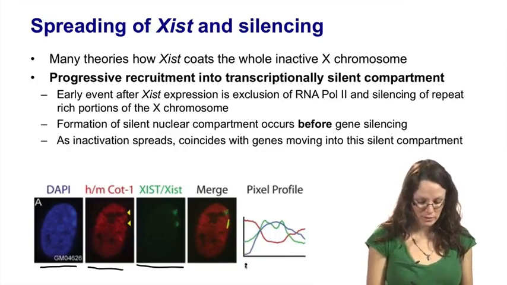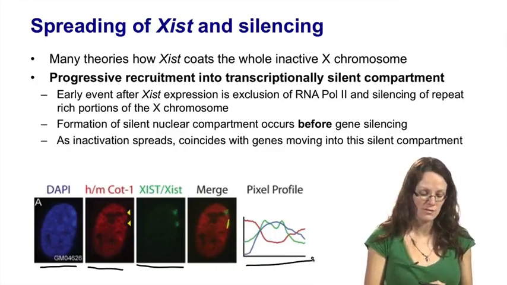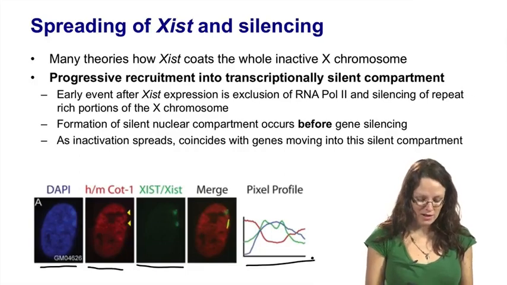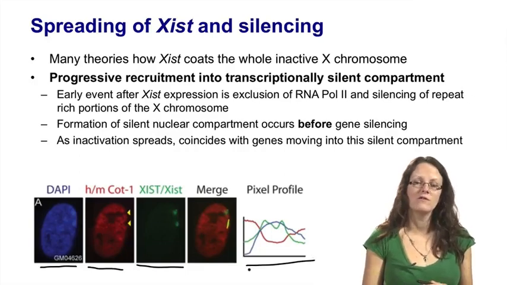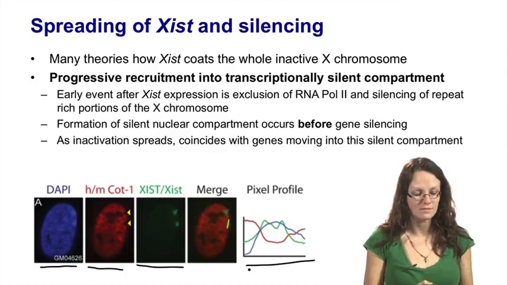When you look at the pixel profile, where a line has been drawn through the image shown in the merge, the line shown in yellow, you can see that throughout this region you have enrichment of DAPI, the DNA stain in blue, shown by the mound in the graph, and a mound in the Xist graph, the green line, but you can see that the red goes down, so you see much less repetitive RNA being found in that region.